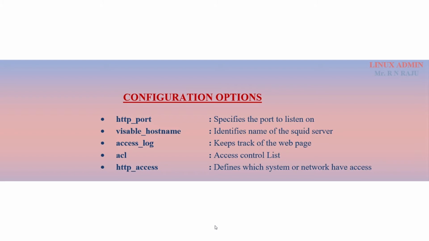ACL controls websites with the help of an access control list. http_access is a parameter that defines which system or network can access. So these are the parameters under the Squid server. Now I will show you how to install and configure the proxy server.